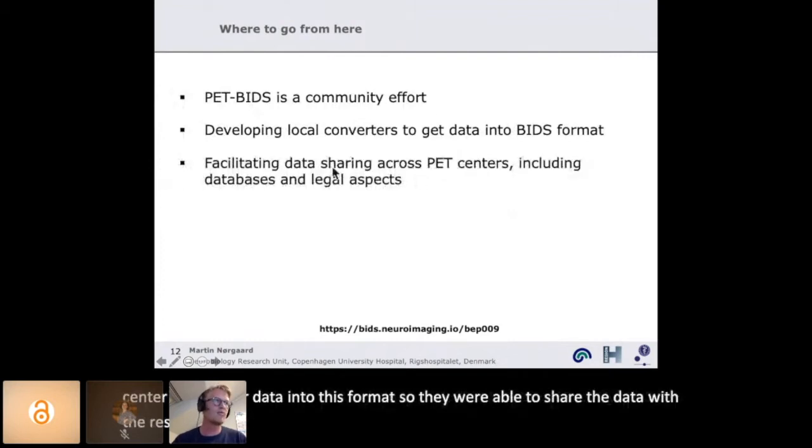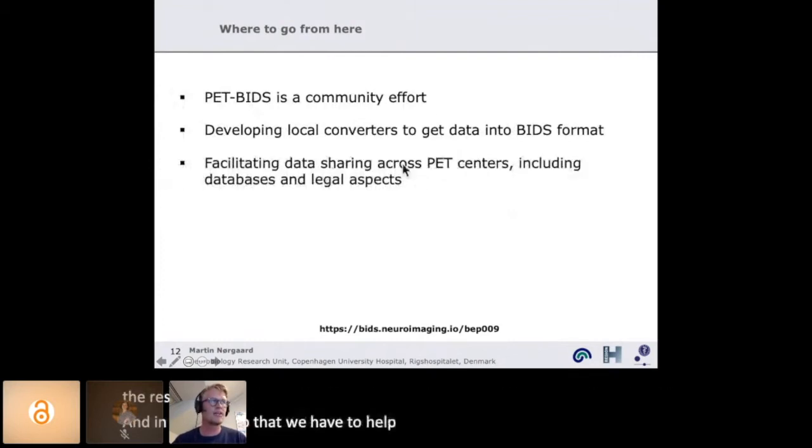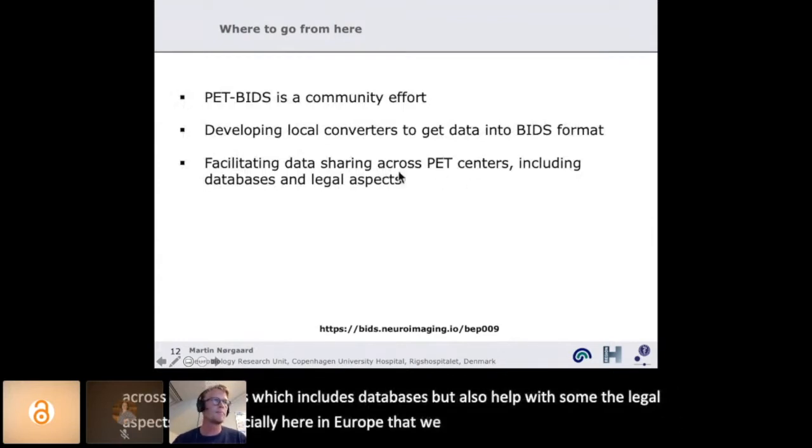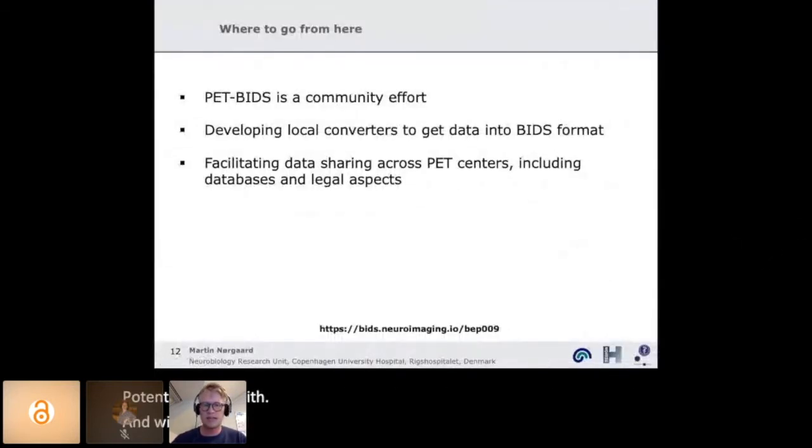And in order to do that, we have to help them, or at least facilitate data sharing across PET centers, which includes databases, but also help with some of the legal aspects that, especially here in Europe, we have a lot of potential issues with. And with that, I'm giving it back to Melanie.